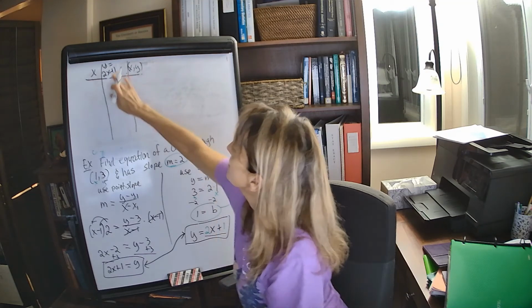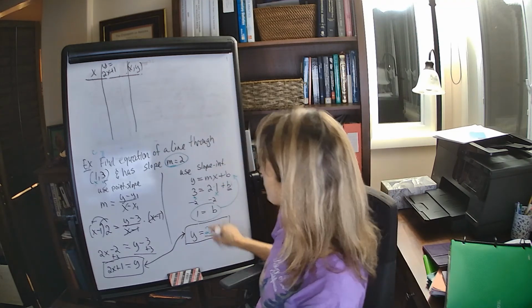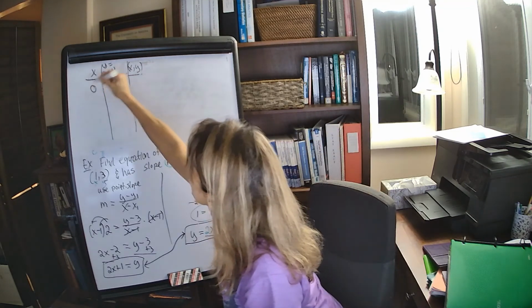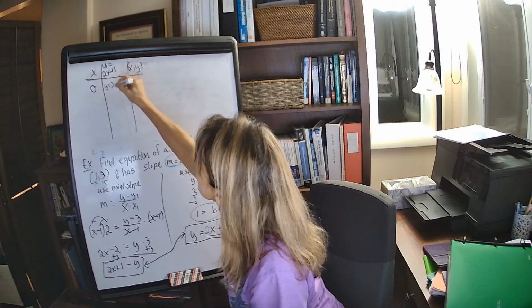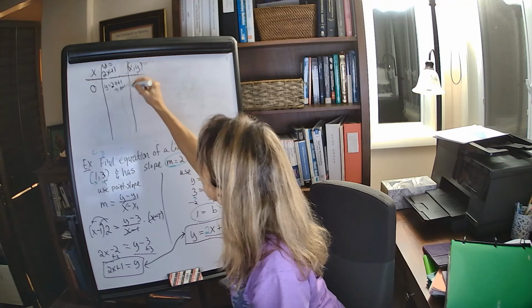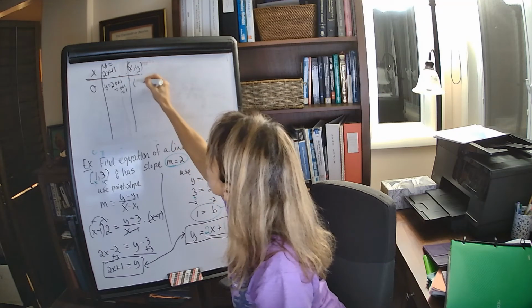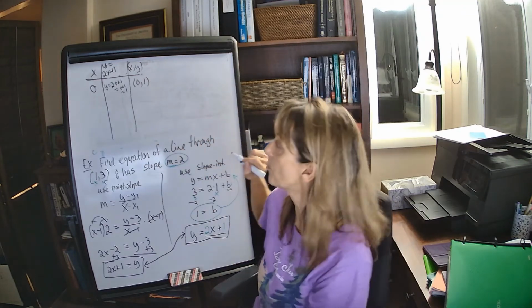Okay, so let's say I pick a number here. I'm going to pick 0. So if I pick in 0 for x, that means y is equal to 2 times 0 plus 1. Well, that's just 0 plus 1 or 1. So my x, y coordinate, my ordered pair is 0, 1.